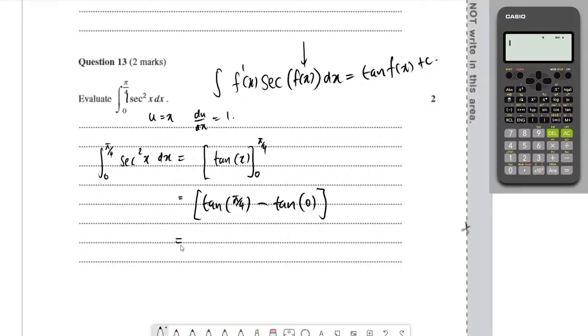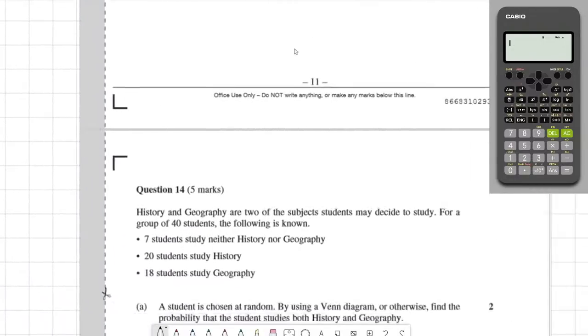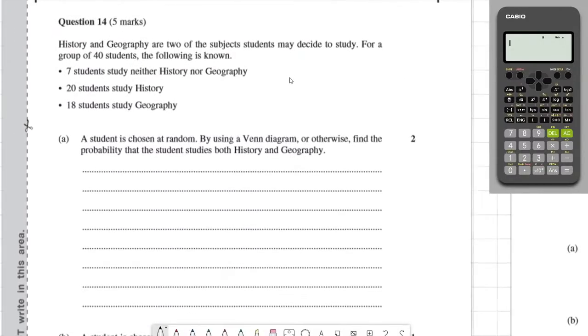So pi on 4 is the same as 45 degrees, and tan of that is 1. So that's just 1 minus 0, which is equal to 1. Oh, that's boring. What a long and arduous question to just give you the answer of 1. But that's what some mathematicians are about.